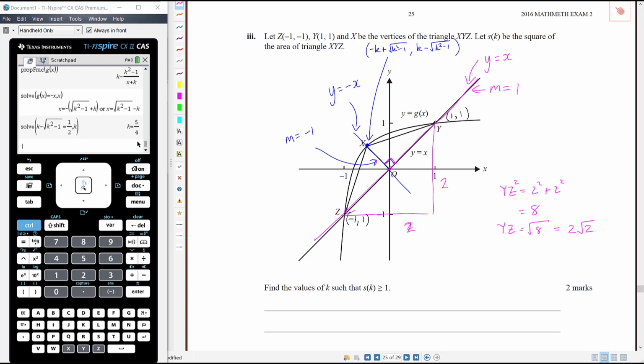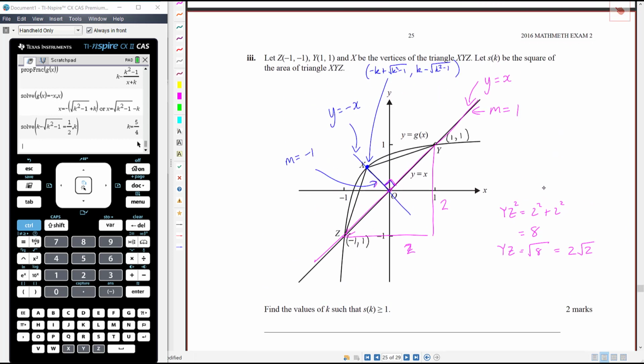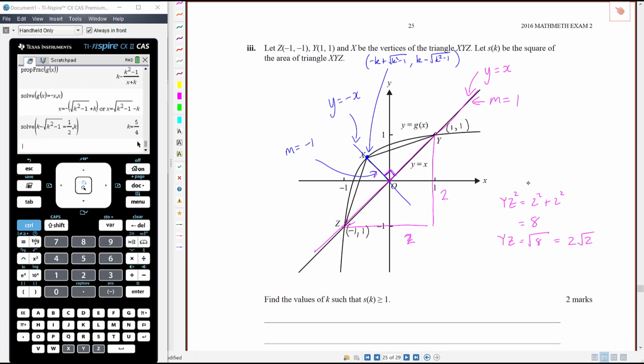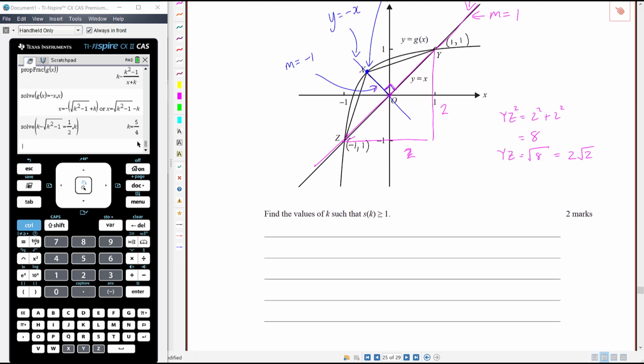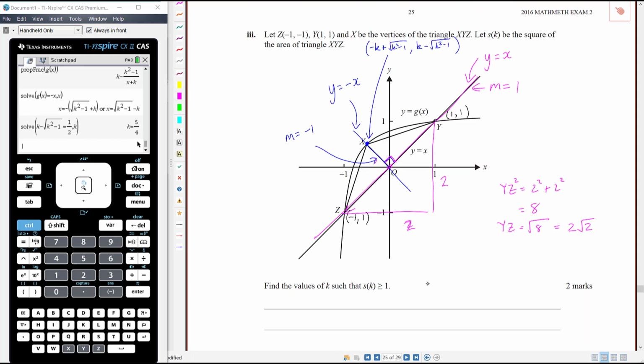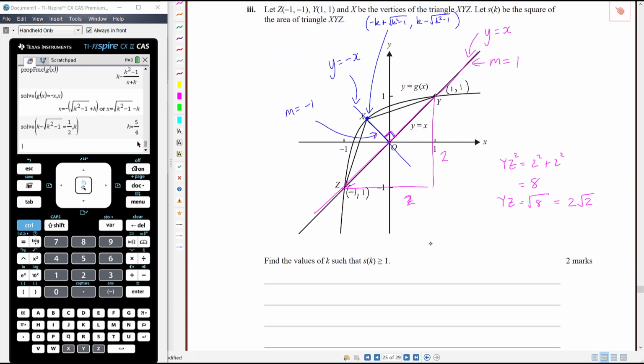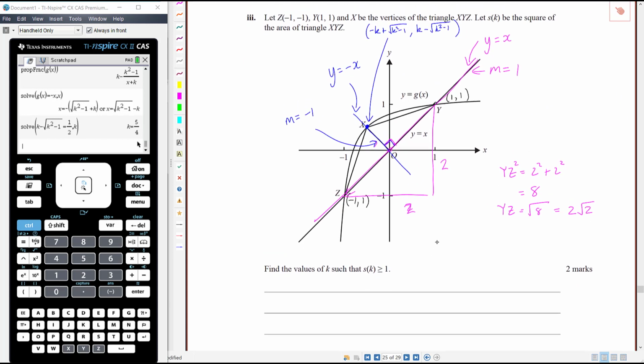Okay, and then we can work out an expression for that perpendicular distance. So from the origin to this particular point here is obviously going to be, let's think about that. It's going to be a bit ugly, but that's okay. We could probably just do it as a Pythagoras, but I think I'll just do it as a distance between 2 points.